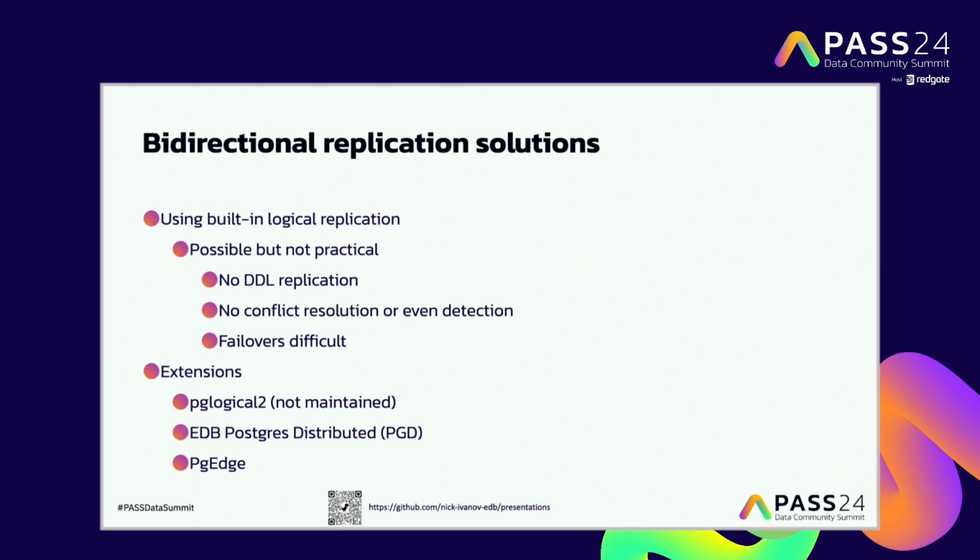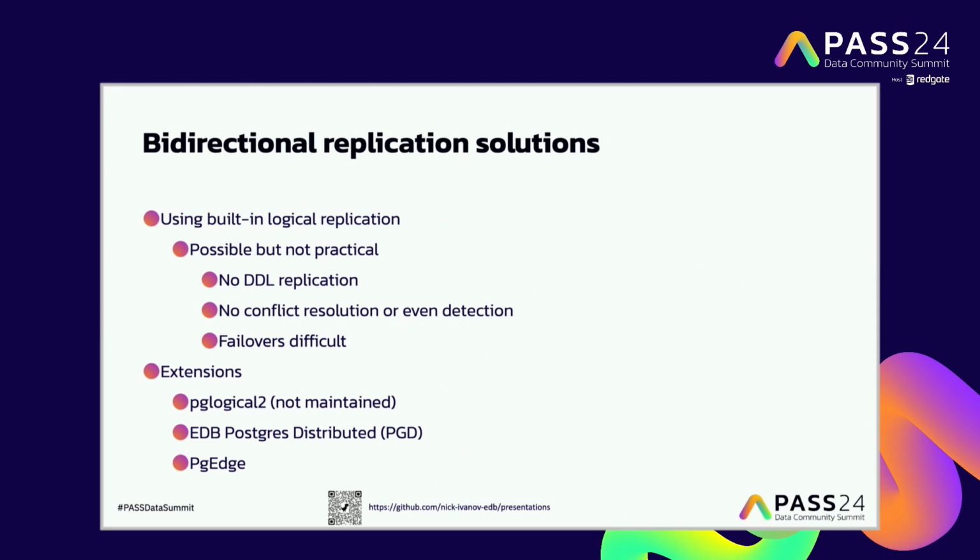Some people, including developers at EDB, thought of improving that situation. So there were a number of extensions developed for Postgres which try to implement a truly bidirectional replication system.